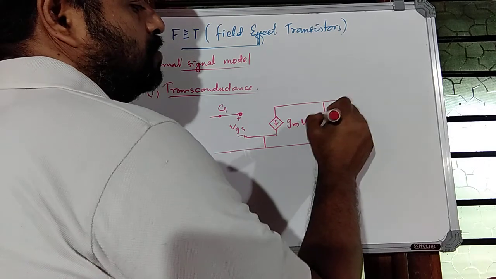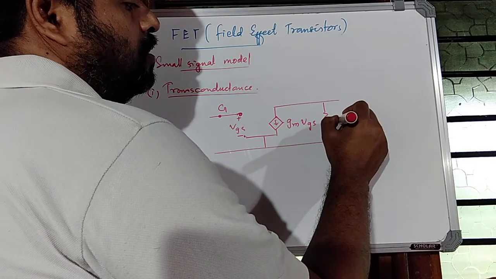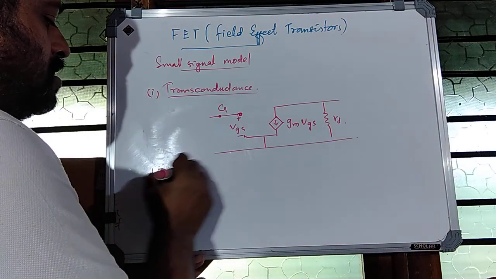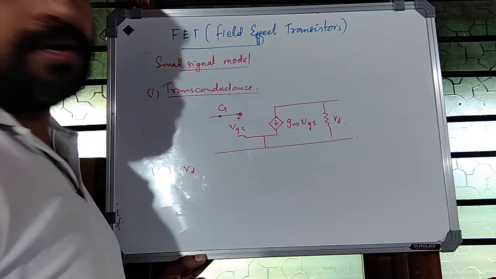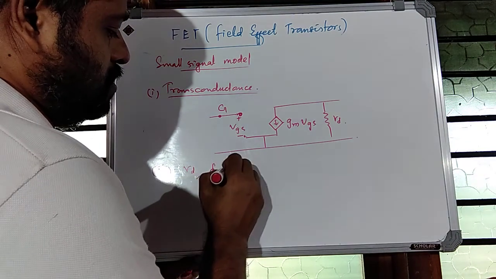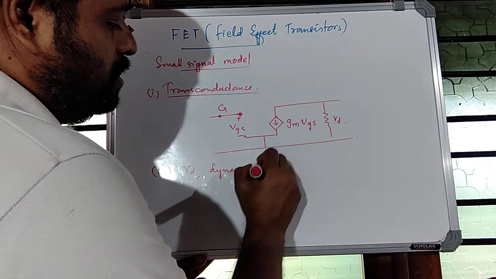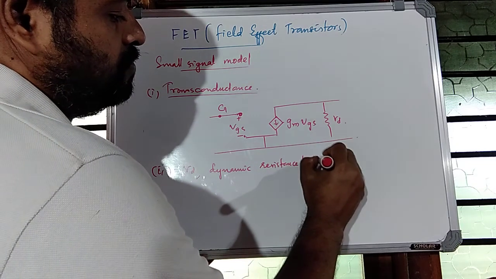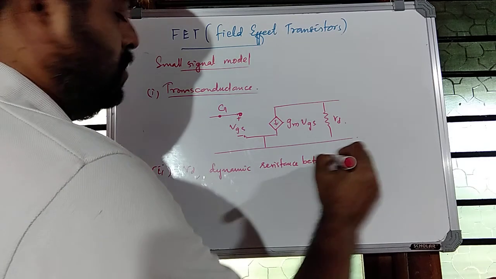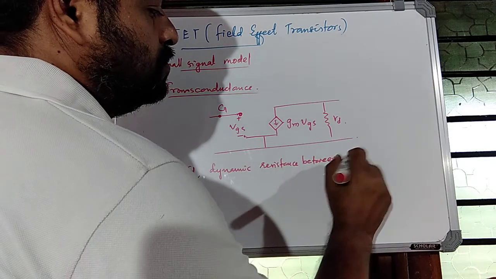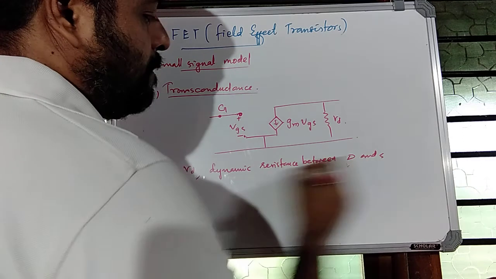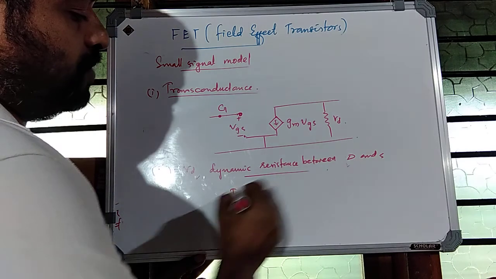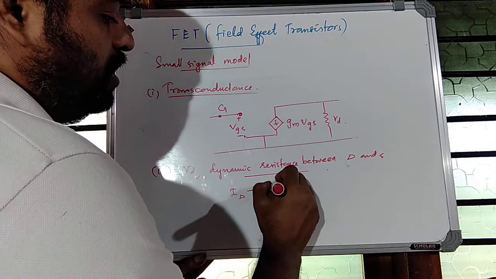And in some cases there will be a resistance rd. So the second parameter is rd, the drain resistance, the dynamic resistance between drain and source, D and S. See, ID slightly varies with VDS.